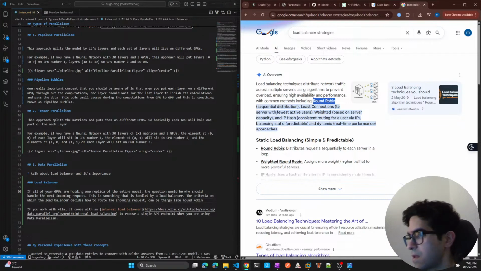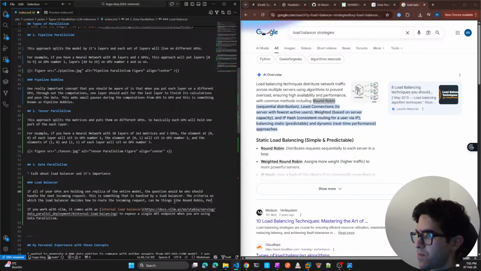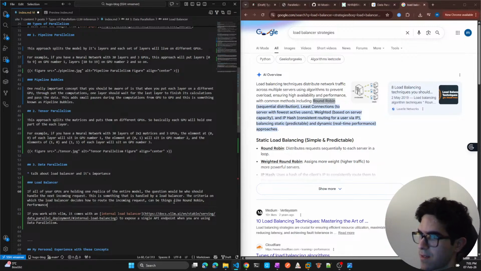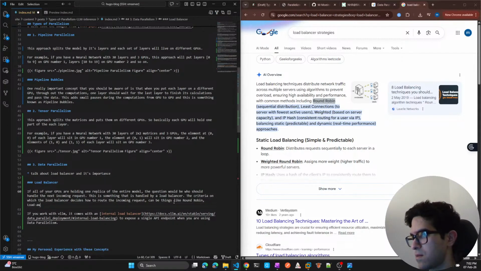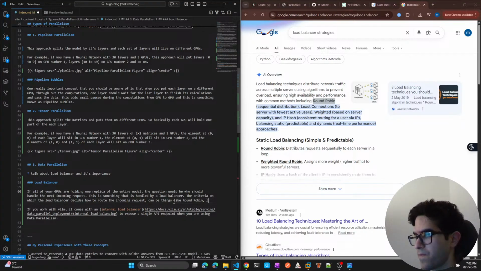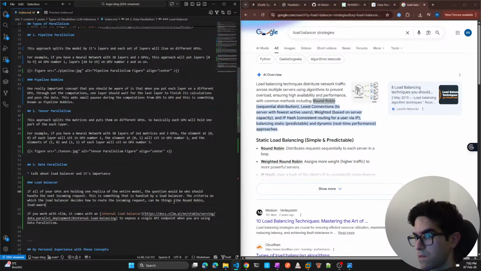There's round robin, and also performance aware, like server capacity, and load aware, and more.